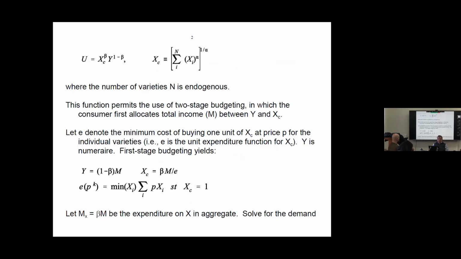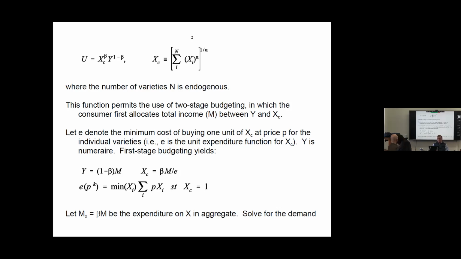So at the upper level, utility is a function of this X composite and Y, and those are Cobb-Douglas substitutes. And X then is the sum. The number of varieties is actually going to be continuous in the model. I really should be using integral signs, but hey, sorry about that.